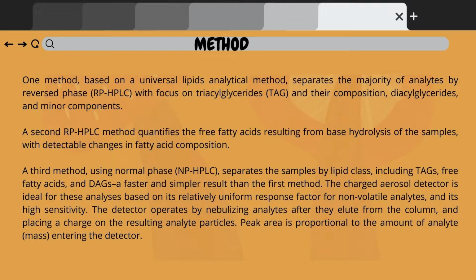The charged aerosol detector is ideal for this analysis based on its relatively uniform response factor for non-volatile analytes and its high sensitivity. The detector operates by nebulizing analytes after they elute from the column and placing a charge on the resulting analyte particles. Peak area is proportional to the amount of analyte mass entering the detector.